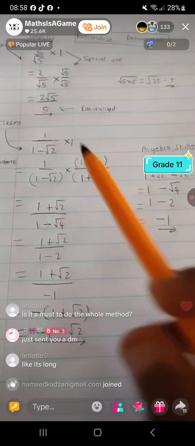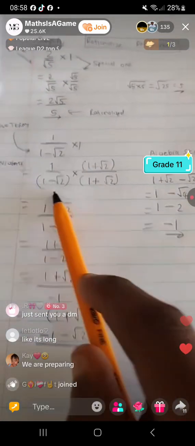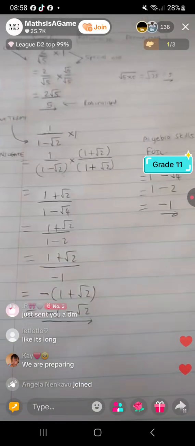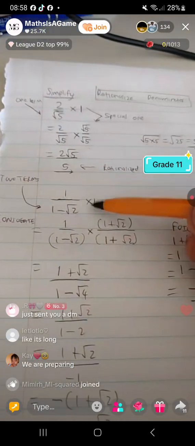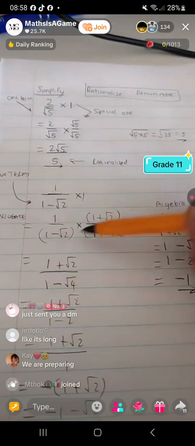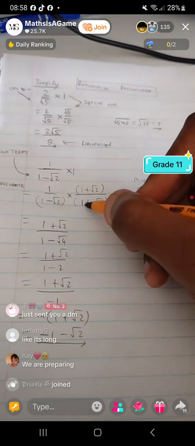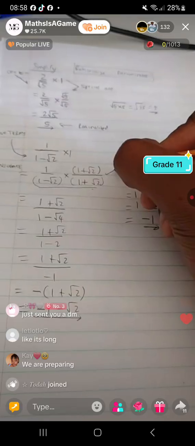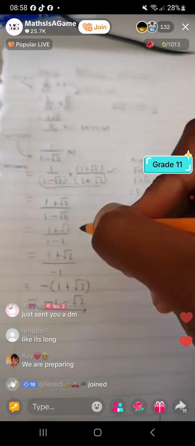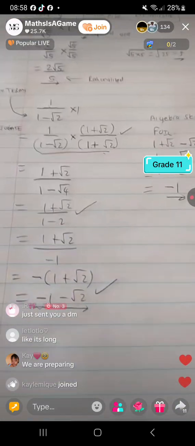No, remember that I am doing this so that I can explain to you what is happening, guys. But like I said, what you can do here is you just multiply by the conjugate, from here really. You can move straight to there, and then you can move straight to the final answer, really.